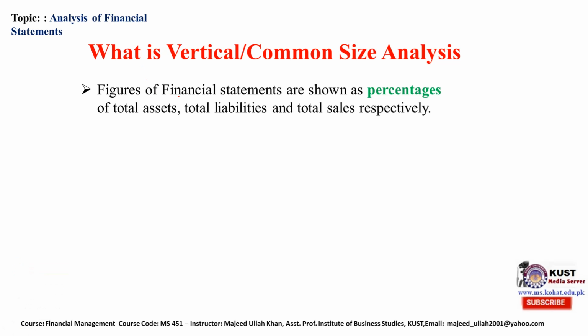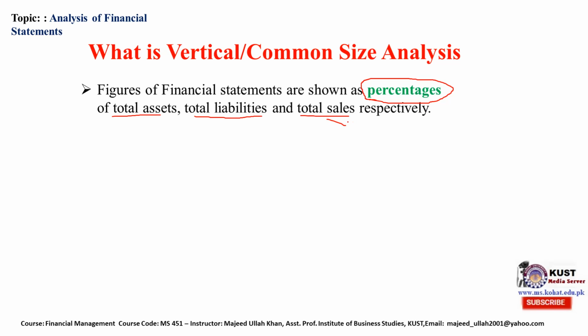As in the earlier lecture, common size analysis or vertical analysis involves showing all figures of the financial statement as percentages of the total of assets in case of the balance sheet, and total of sales in case of the income statement.